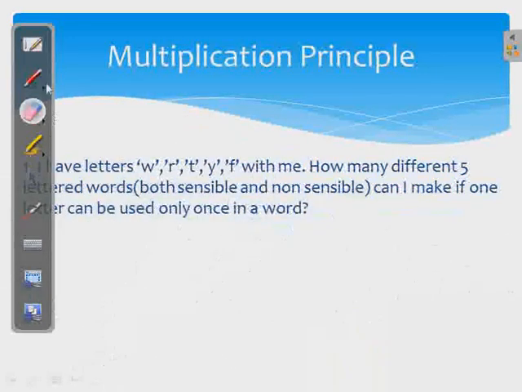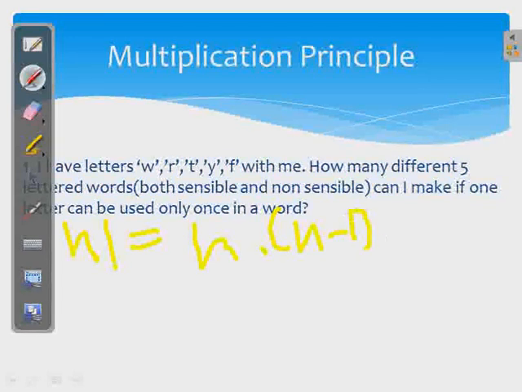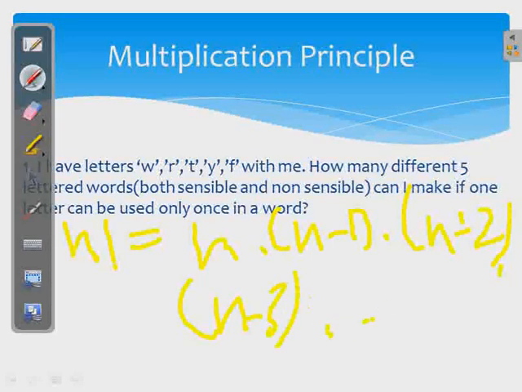So basically we can define n factorial, for any number n, it will be n times n minus 1 times n minus 2 times n minus 3, up to 1. So until it reaches 1, we will multiply, and this is 5 factorial.